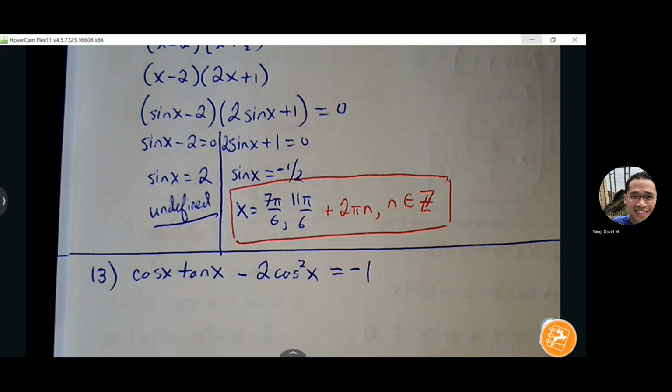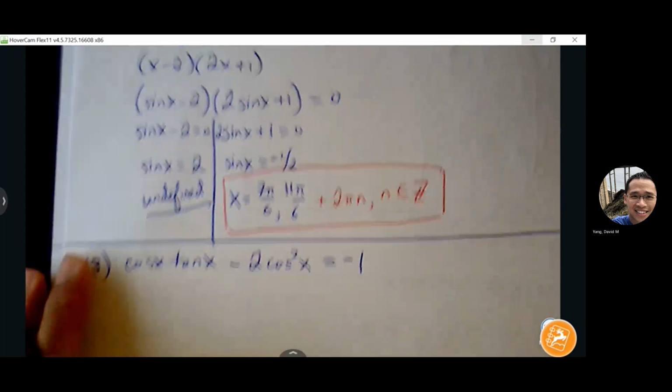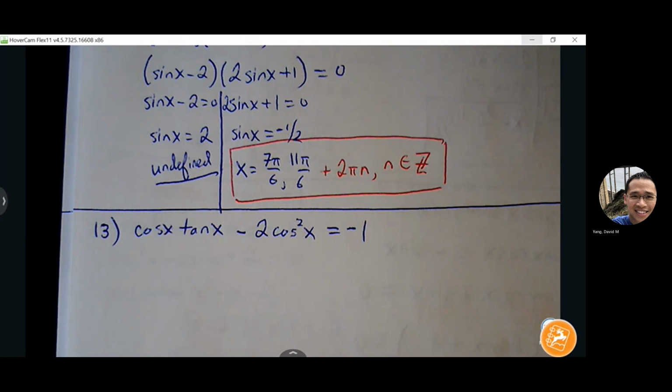Any thoughts? Okay, any thoughts as to how we can start this?